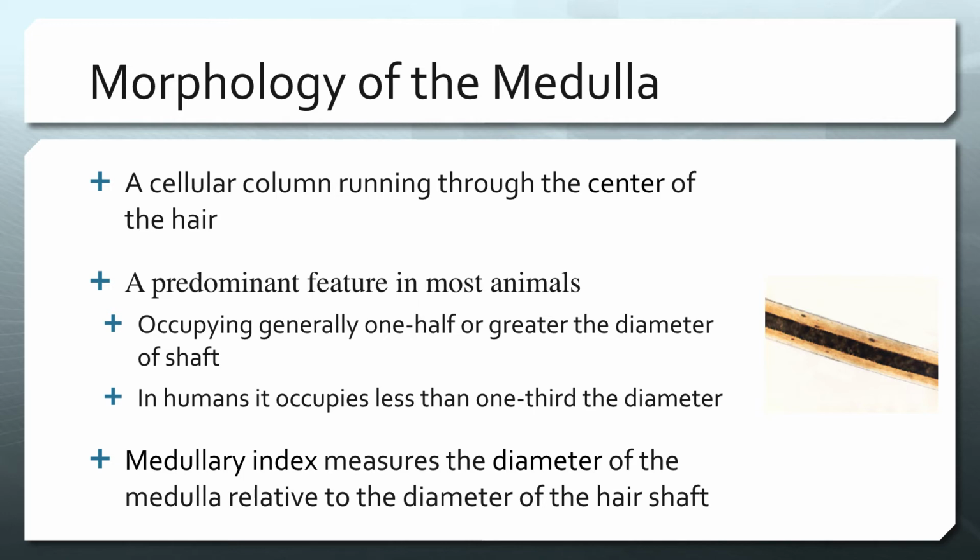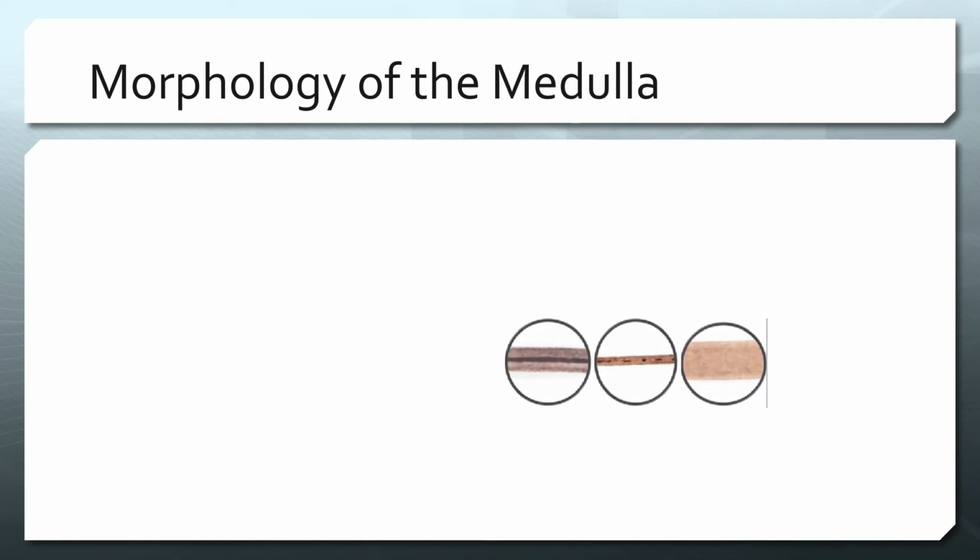The medullary index measures the diameter of the medulla relative to the diameter of the hair shaft. And so this is what forensic scientists will use in order to compare the known reference sample to the sample from the crime scene.